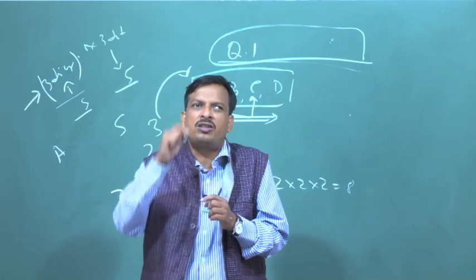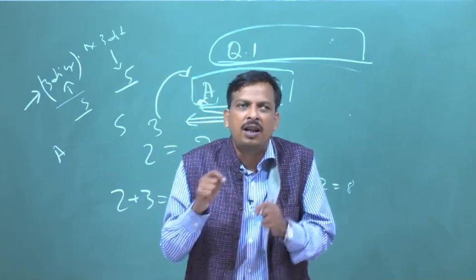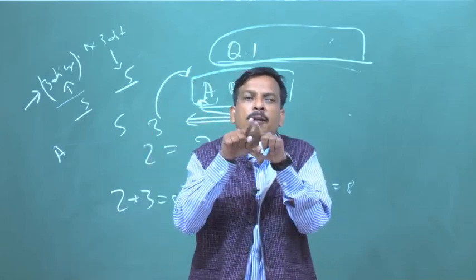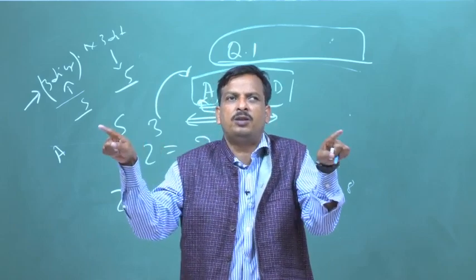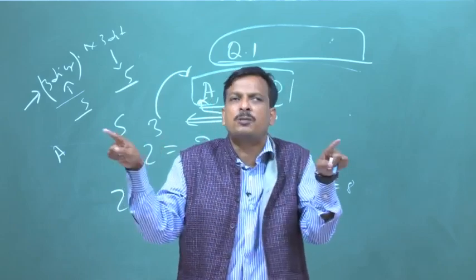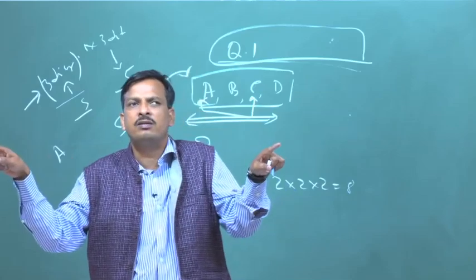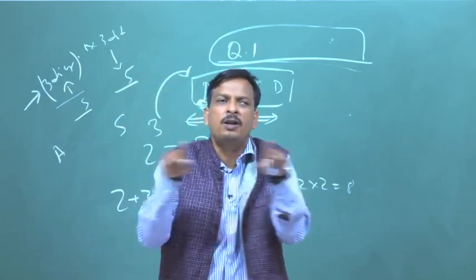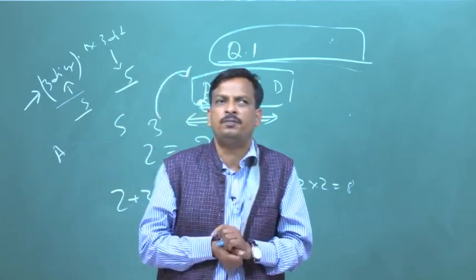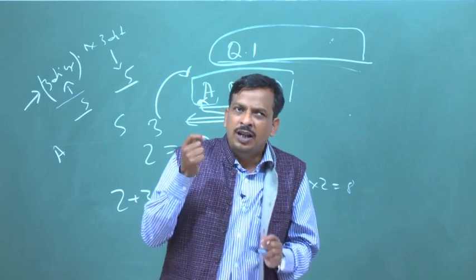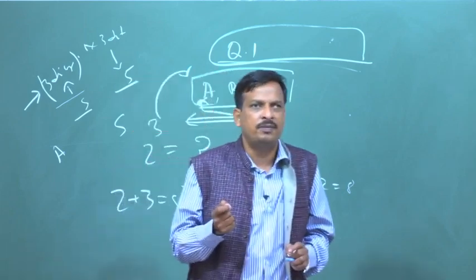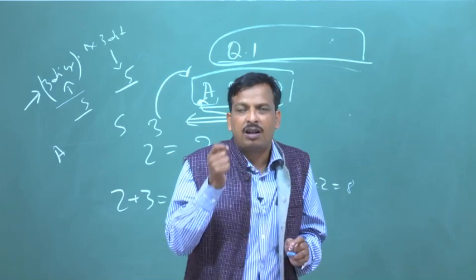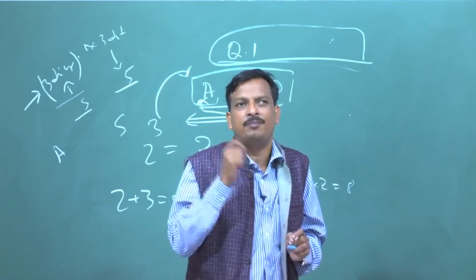Based on the possible misconceptions, the number of distractors, or number of choices, depends on the number of possible misconceptions. If there are 8 misconceptions, my choices may be 8. If there are 4 misconceptions, my choices may be 4. So when you design multiple choice questions, the choices are not random.